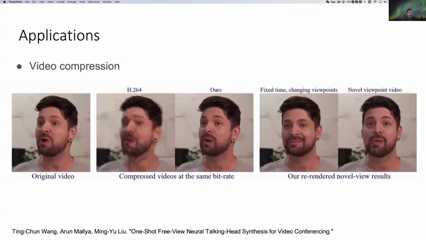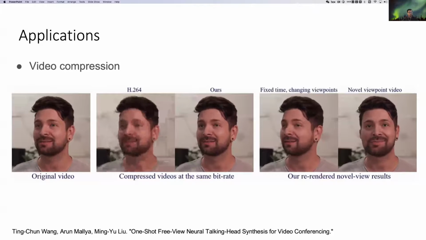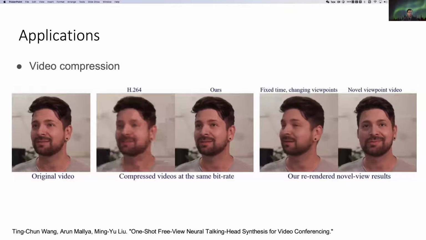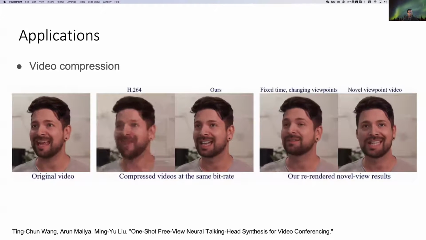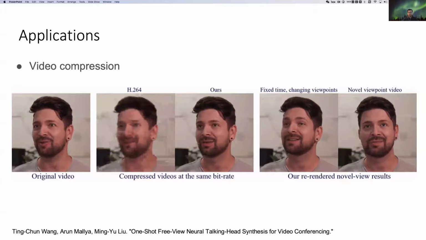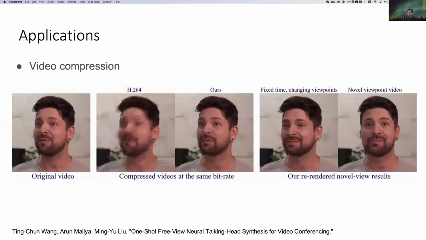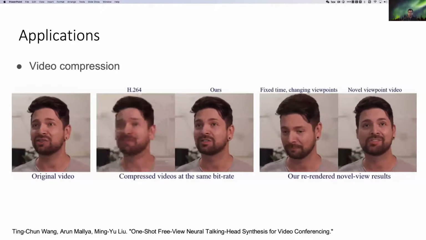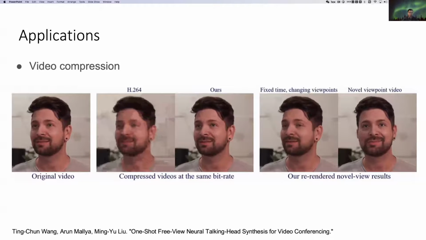Besides, they also show their key point representation allows the user to rotate the head during synthesis, which is useful for simulating a face-to-face video conference experience. This result is not perfect, but it's quite amazing because it can achieve very good results in the video compression task.